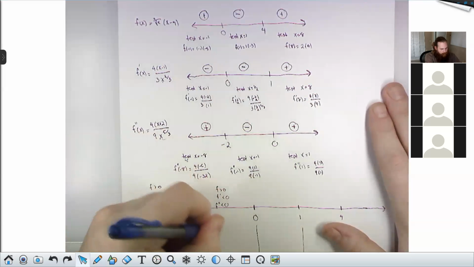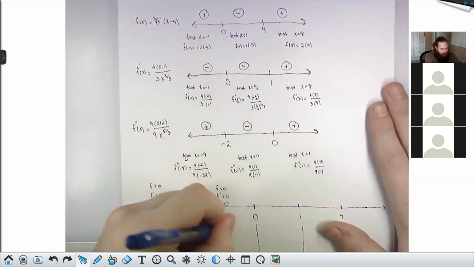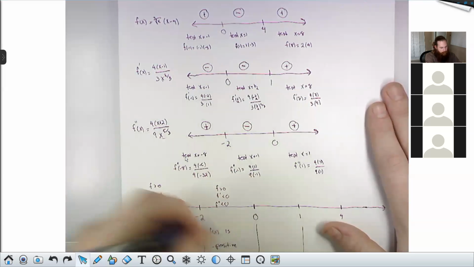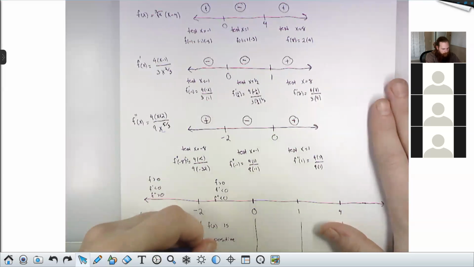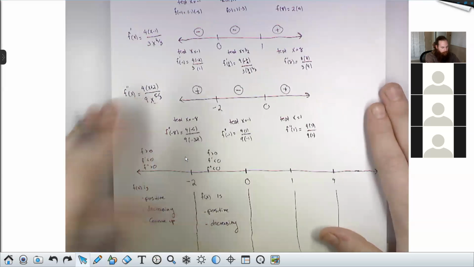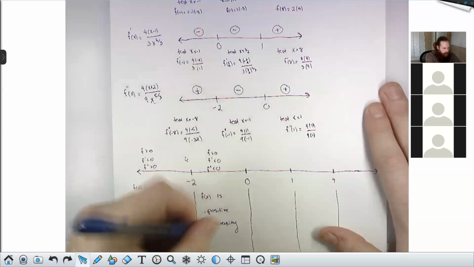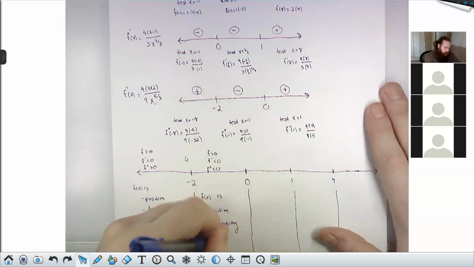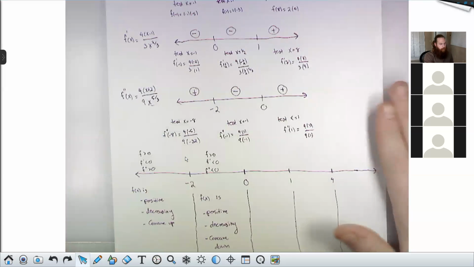So f of x everywhere in this region is positive, because f is positive, decreasing, because f prime is negative, and now concave down, because f double prime is negative.